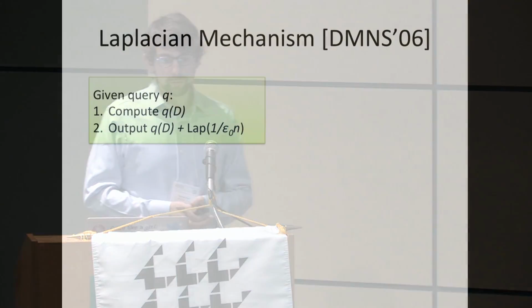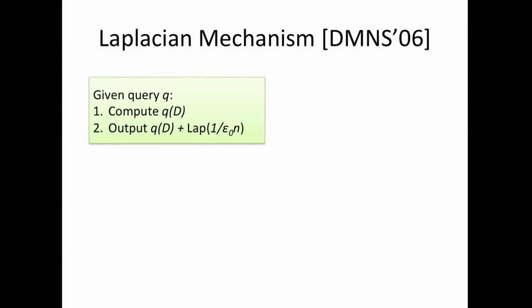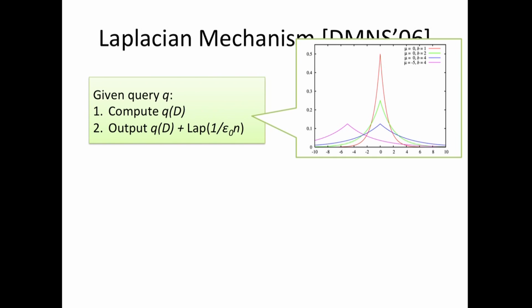Again, let me just recap how you do that. Usually you use the Laplace mechanism, which all of you know. You compute the true answer, Q of D, and then you add Laplacian noise. I'm recalling this because our normalization is a little bit different. We're always going to add something like Lap of 1 over epsilon 0 n noise, and this is going to give us epsilon 0 differential privacy.